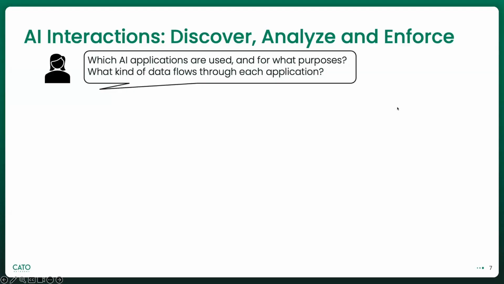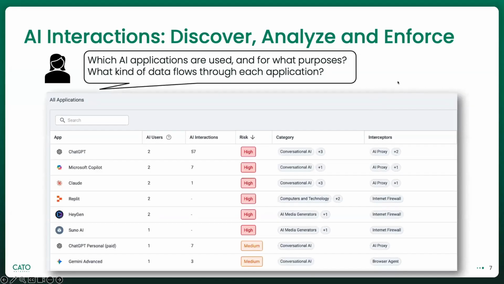So in this case, that's what our CEO is asking. She wants to know which applications are used and what kind of data flows through them. And of course, we have a solution for that. And one of the ways in which we do it is by allowing to see all of the applications that were used in the organization, in the environment, including the AI interactions that were prevalent on them.